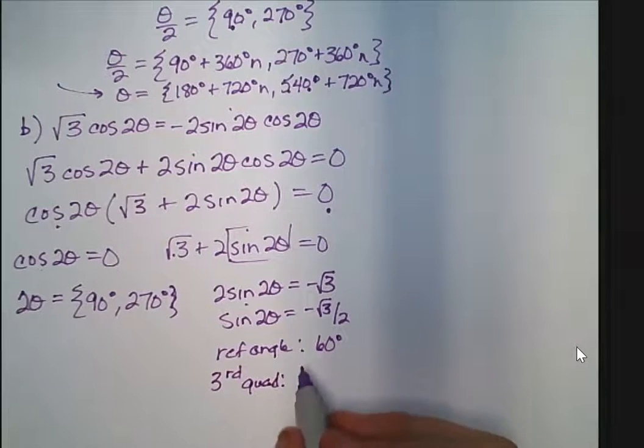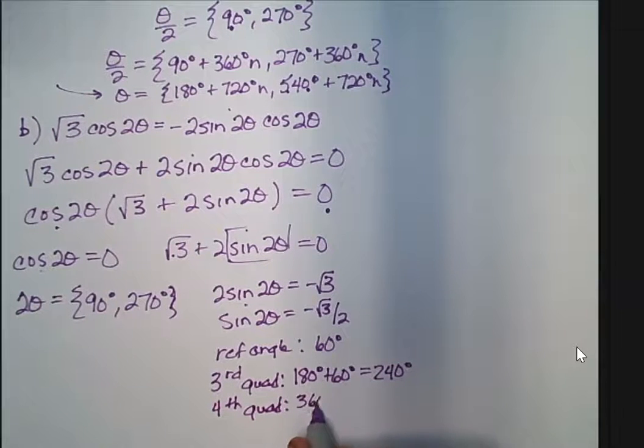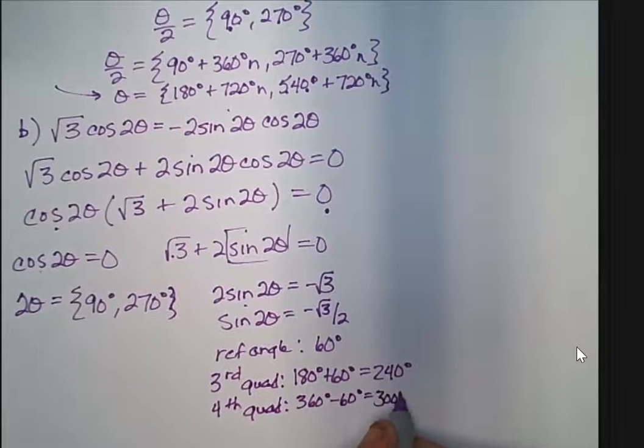For the 3rd quadrant, we're going to take 180 plus 60 degrees. That gives us 240 degrees. And for the 4th quadrant, we take 360 degrees minus 60 degrees, and that gives us 300 degrees. So these are our 2 solutions. This one wasn't a solution, it just helped us find it.